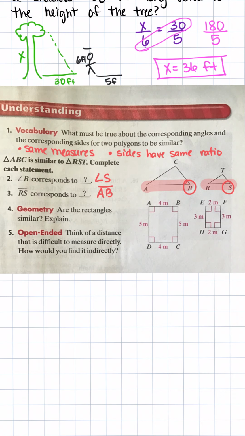Are the rectangles similar? So first we look at their measures. All 90 degrees, all 90 degrees. So yes. Now let's see, do they have the same ratio? So 2 and 4, so 2 times 2 is 4. 3 times 2 is 6.